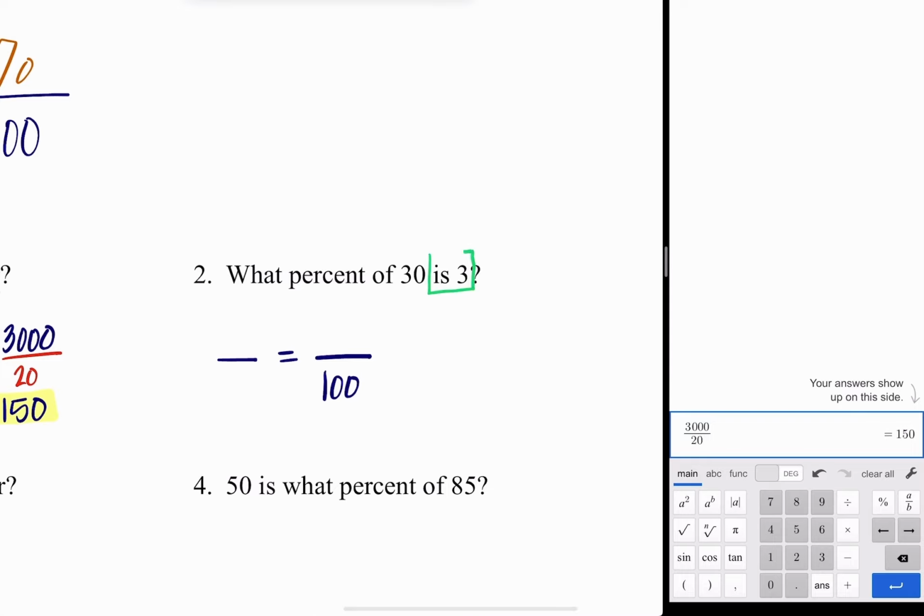Here's my is. Here's my of. And then it says what percent? Well, that's x percent. So x goes in my percent spot.